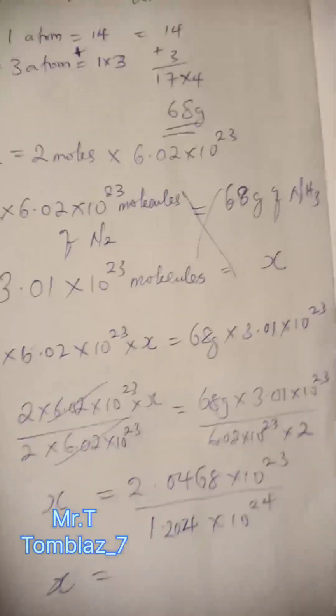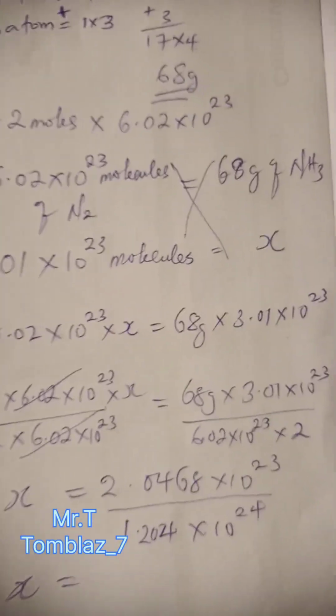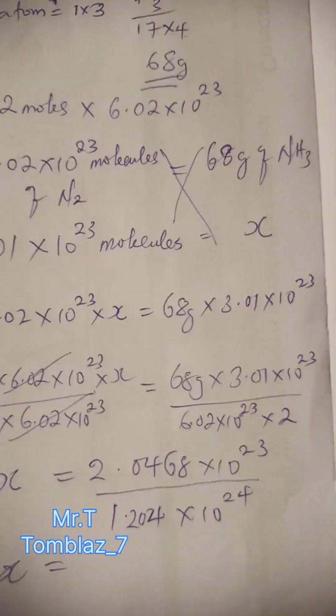So x will be, let's divide them together, divided by the value that we have, 2.0468 exponential 25.